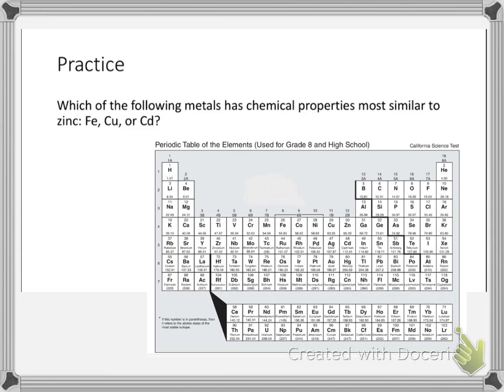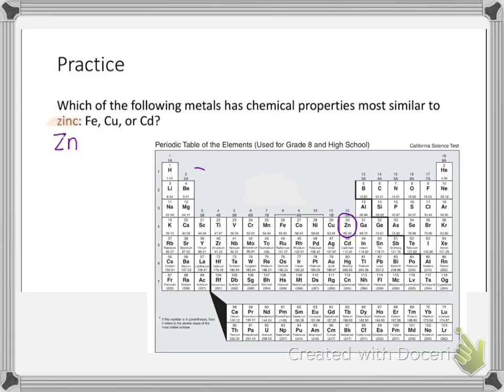This question says, which of the following metals has chemical properties most similar to zinc? Zinc has the element symbol Zn, and so I would need to find zinc on the periodic table, keeping in mind that elements in the same group as zinc would be predicted to have similar chemical properties. Zinc has an atomic number of 30. It's right here.